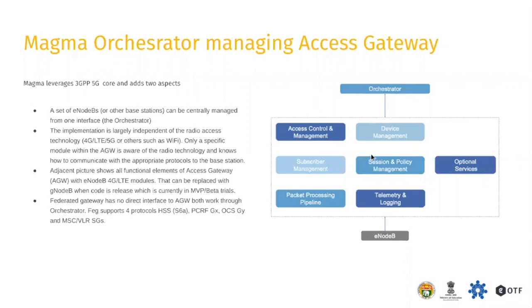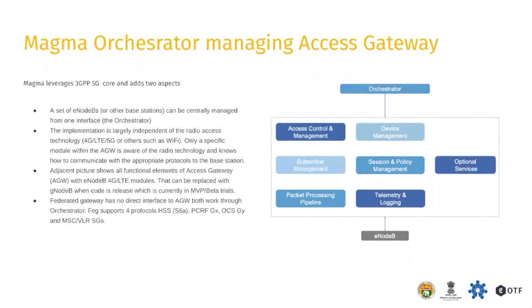So the orchestrator orchestrates, through the access gateway, the access for the user equipment or mobile terminals to connect through the EPC, which is the evolved packet core, first going through the eNode B and then connecting to the EPC, which is the second part, the core part.